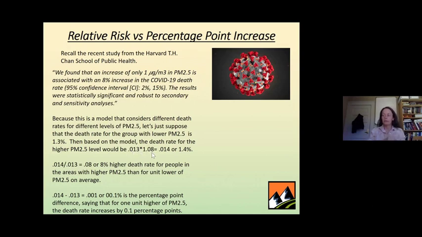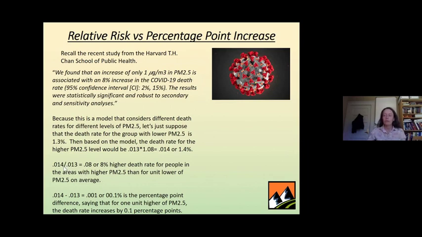That would be an 8% increase from 0.013, so the new death rate would be 0.014 or 1.4%. So that's an 8% higher death rate in terms of percent change for people in areas with higher PM 2.5 than for those with lower PM 2.5 on average.